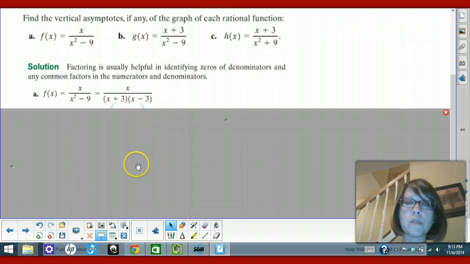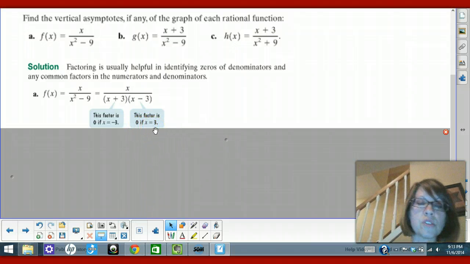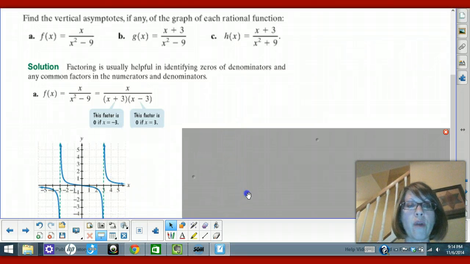Vertical asymptotes specifically, x cannot be -3 for the first factor, x cannot be +3 for the second factor. And those right there, writing x equals 3 and x equals -3, those are the equations for our vertical asymptotes here. You can see this on the graph.